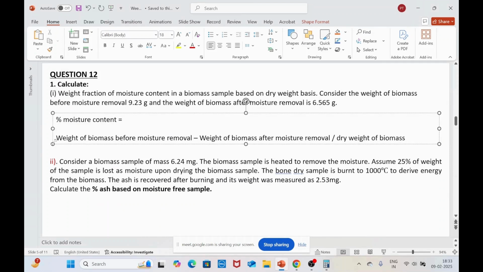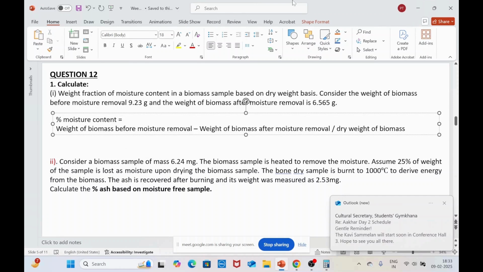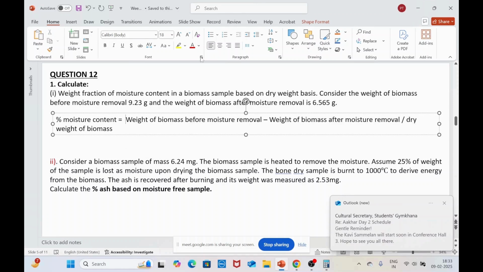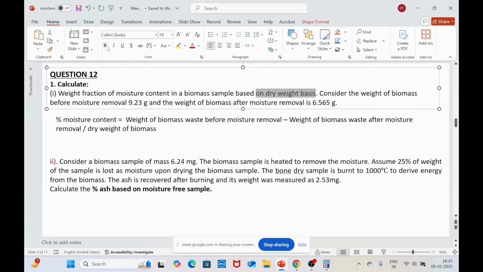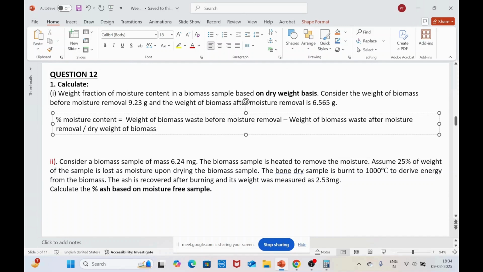So this is the formula: percentage of moisture content is the weight of moist biomass waste before moisture removal minus the weight of biomass waste after moisture removal, divided by the dry weight of biomass. I have specifically given dry weight because the basis is dry weight. Suppose the basis is given as wet basis, then here it would be wet weight. So please be careful with the basis.